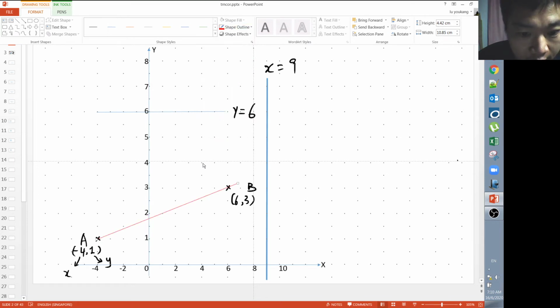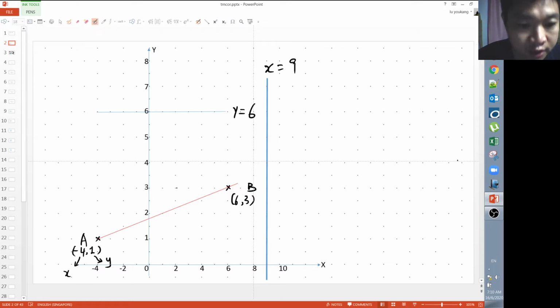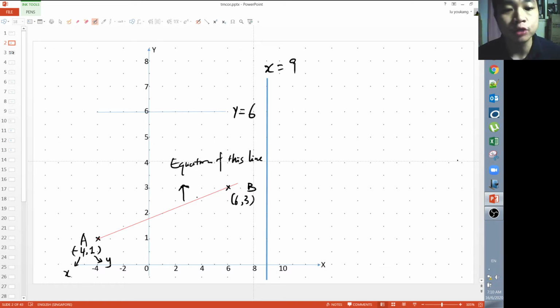Let me change the color, so in red. So what if you are asked to find the equation of this straight line? Okay, so what if you are asked to find the equation of this line? Okay, this straight line. So how are you going to find out?